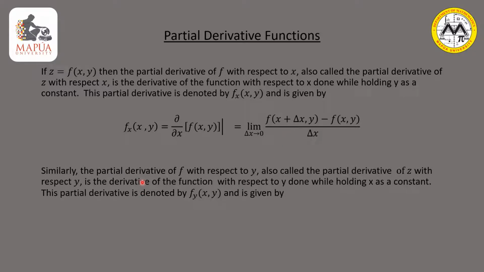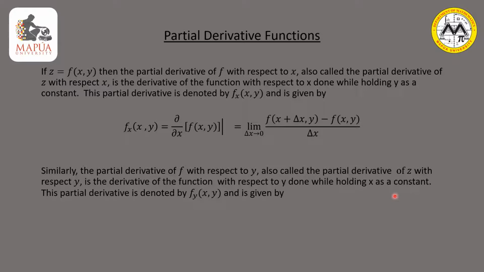Similarly, the partial derivative of f with respect to y, also called the partial derivative of z with respect to y, is the derivative of the function with respect to y done while holding x as a constant.